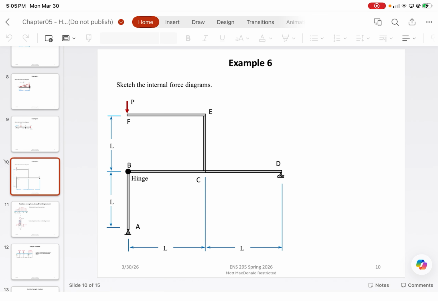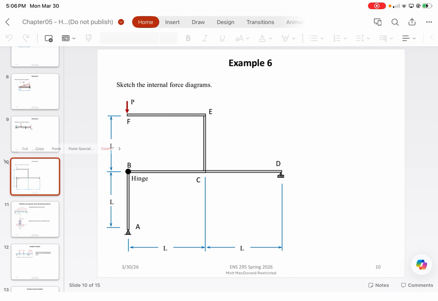Basically, this is an example of a frame that I wanted to show you guys how we would work through. To simplify the steps, I'm going to show you what the exact reaction forces are. You guys have analyzed frames in statics, right? You break it up at the hinge and then analyze it in two separate bodies.